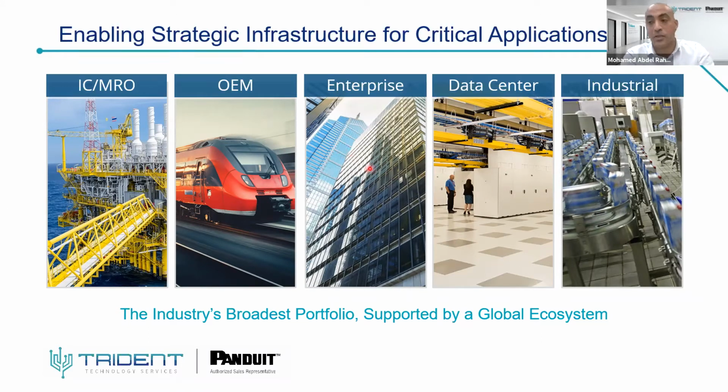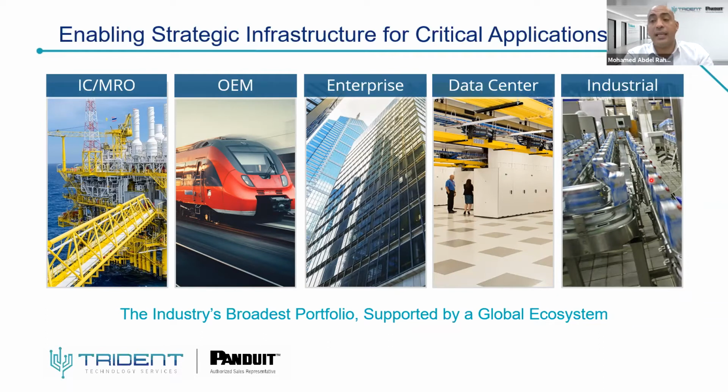For the enterprise solutions, we also have complete end-to-end solutions for copper and fiber connectivity, management, the outlet, and AV solutions, also using the Atlona solution. Then the data center vertical market, for the physical infrastructure solutions.